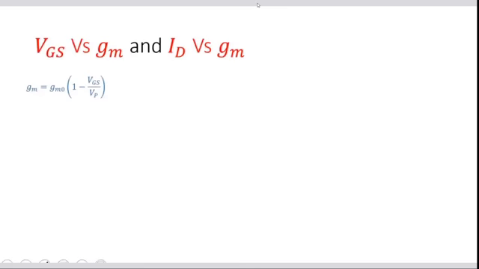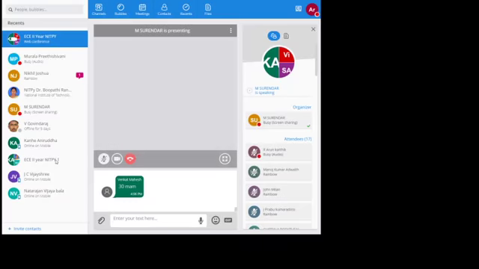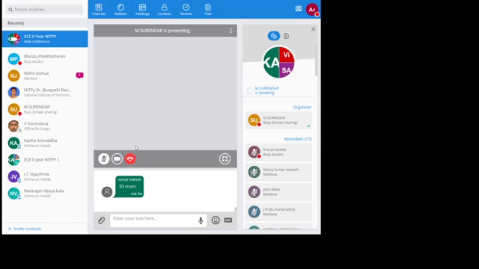This is a direct equation, the one we discussed before. Just take that, vary the value of VGS, and plot the values of GM on the y-axis. We will have a curve like this. We can clearly see that when I put VGS equal to 0, I will get GM0, which is the maximum value.